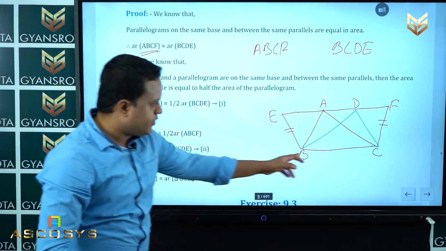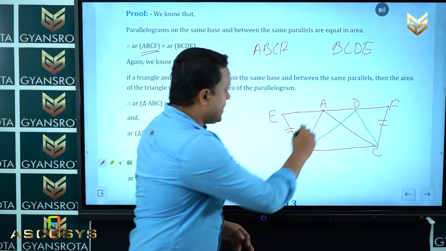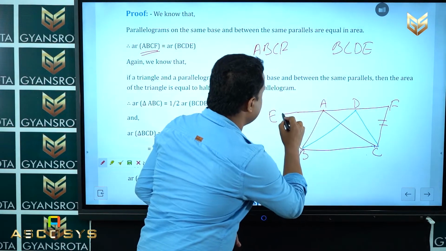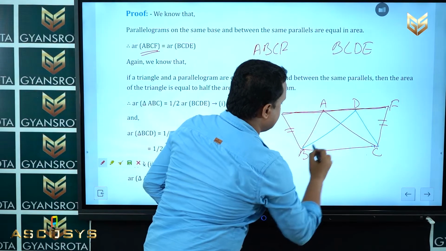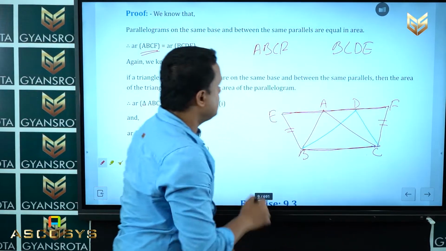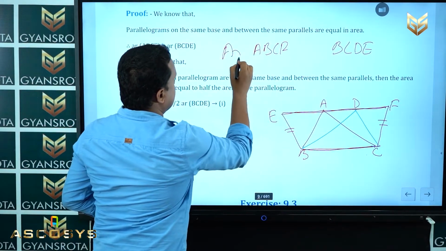We have these two parallelograms. Since they are on the same base BC and between the same parallels, their areas will be equal.